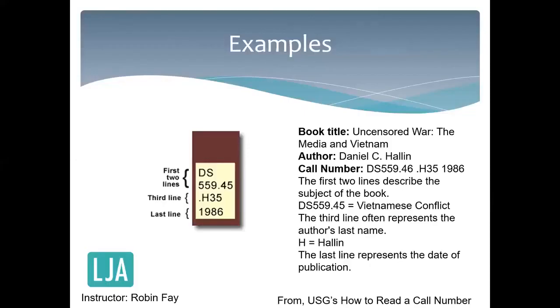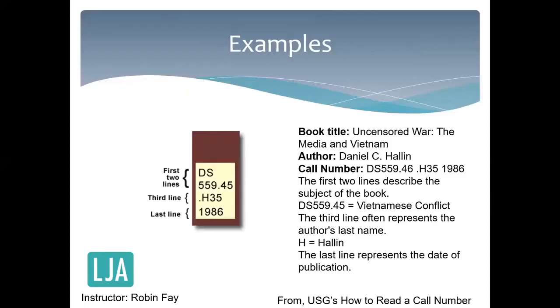Now, we're not going to be able to talk too much about call number conflicts, but let's say we had another book by David Howe. And it's also on the Vietnam War, so it would have Vietnamese conflict, so it would also be DS559.46. And David Howe, H-A-L, well, that would be H35 too, right?